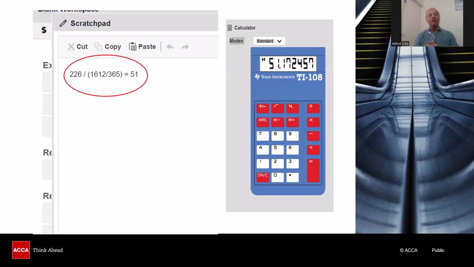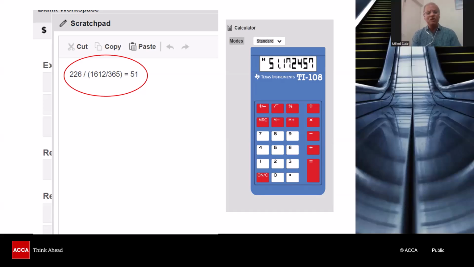Now, if you see the calculator, it shows me 51.17, etc. But I have understood the instruction that I need to round it off to the nearest day, which means here I should input the answer of 51 in the number entry box that I am given. This will illustrate to you how effectively you can manage your time and arrive at correct answers. Similarly, you could do the remaining two calculations.